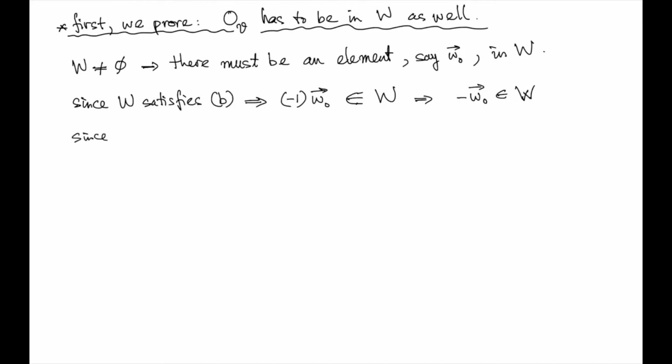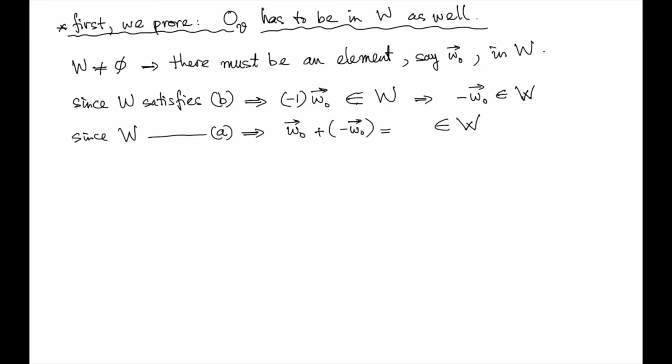Now we utilize the fact that W satisfies property A, closed under the addition. That means if we add W0, a vector in W, with negative W0, another vector in W, we will end up having something inside W. But what is this?